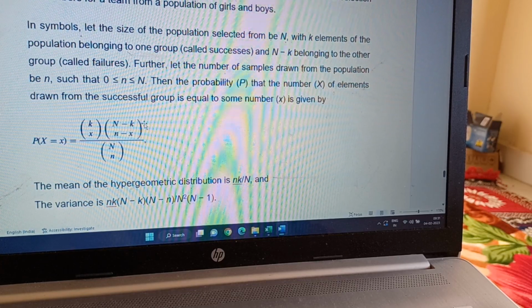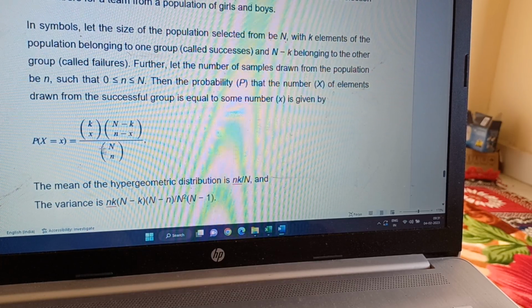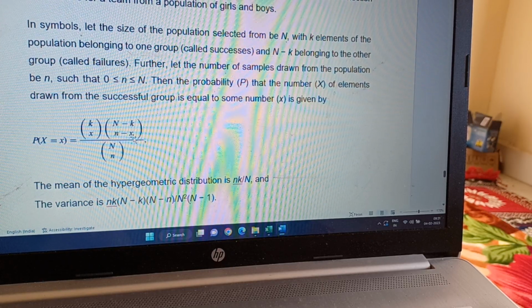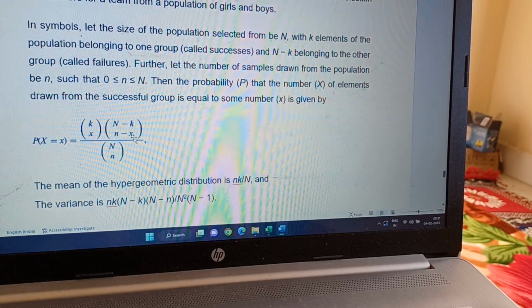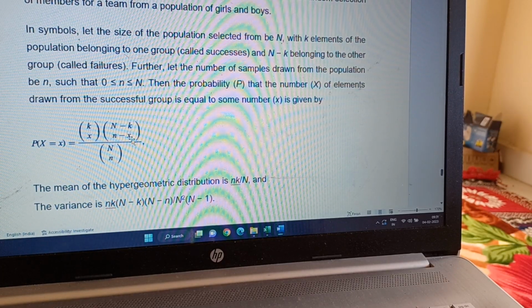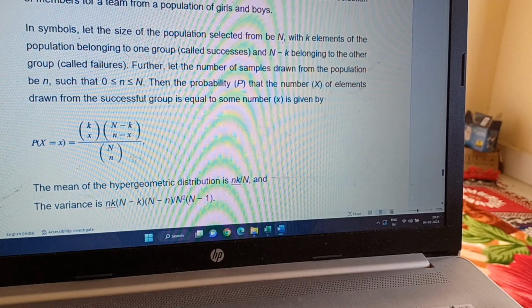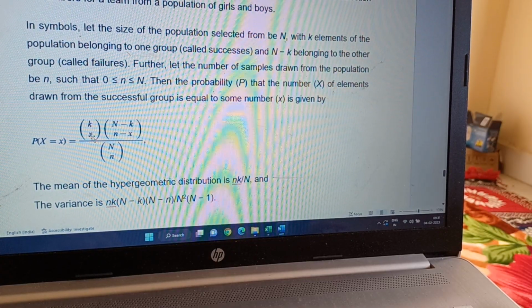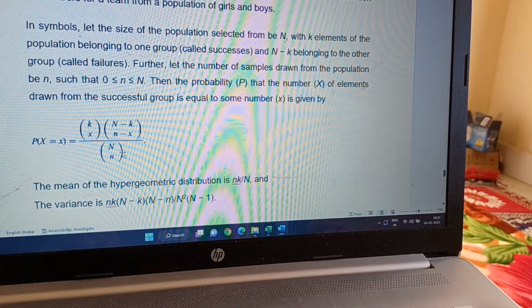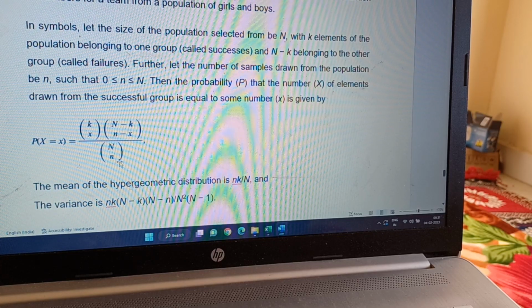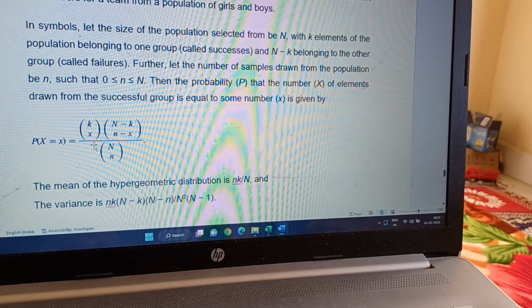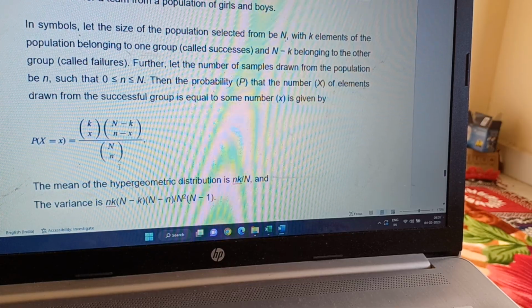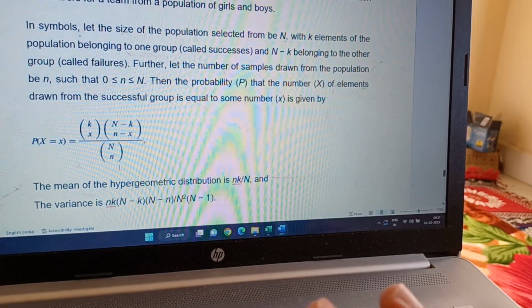X is the number of boys chosen, and n minus x will be the number of girls chosen. And out of N, how many are chosen in total? The small n is chosen, that is x plus n minus x. So we get the total possible choices, and we divide by the total number of sample events, which is N choose small n.